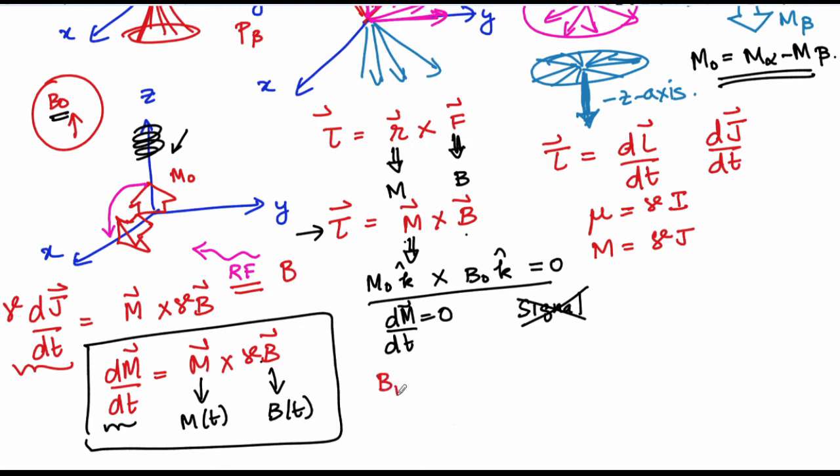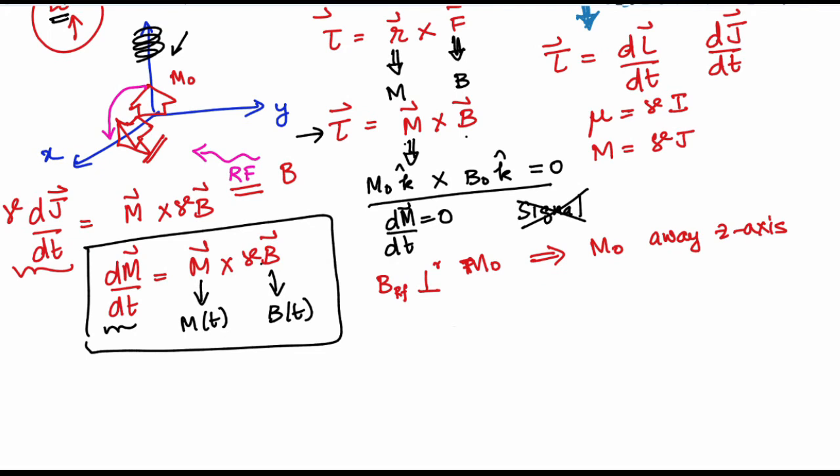So let's say we are able to apply a B1 field, or we can call it the B_RF field, that's perpendicular to m0, then that will result in m0 being tipped away from the z-axis. So let's say that now we have generated the magnetization along the x-axis. So now the magnetization vector is going to be given as m0 along i.